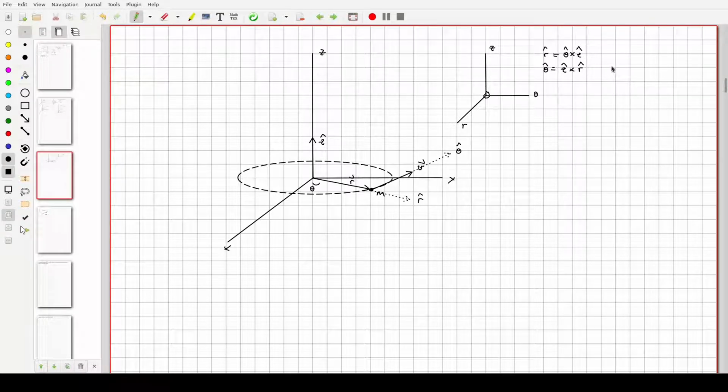Likewise, if I cross r into theta, I get z hat. So these are cross product relationships between each of the coordinates, and this is one of the ways that you can define a coordinate system.